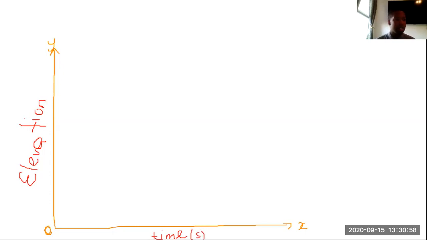S for seconds. That's the quantity. For the elevation, I'm going to say feet. We're also going to title this graph because we have to title our graphs. We're going to call it elevation versus time. And that's the title of our graph.